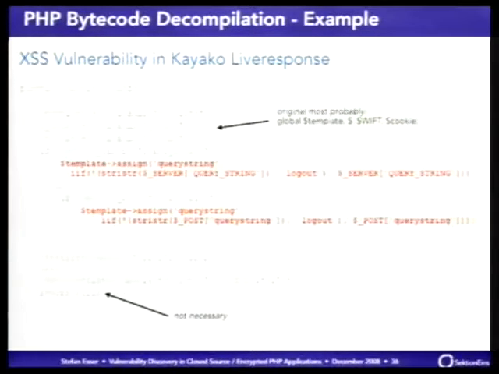There was a cross-site scripting vulnerability in it, and you see that which is marked red. It outputs the query string and a POST variable called querystring directly to the template, and usually this needs to be encoded for HTML. And it's not done here, and so it's an XSS vulnerability. And the nice thing about this is that it's within the encrypted file, so even if you know about it, you cannot protect yourself against it, because you cannot change the source code.